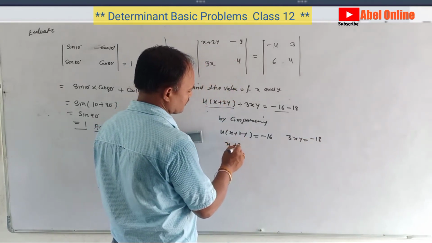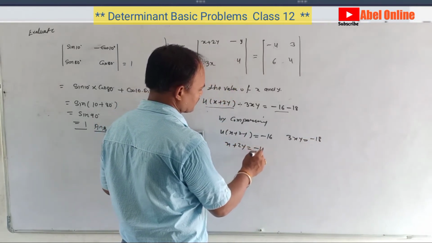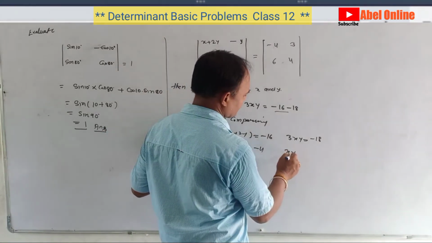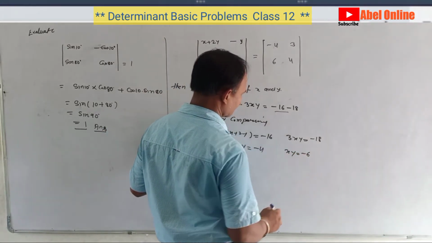So x plus 2y equals minus 4 and xy equals minus 6.